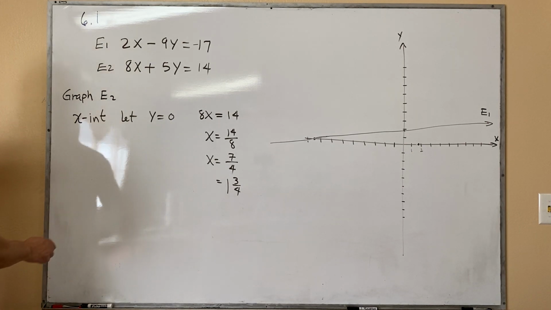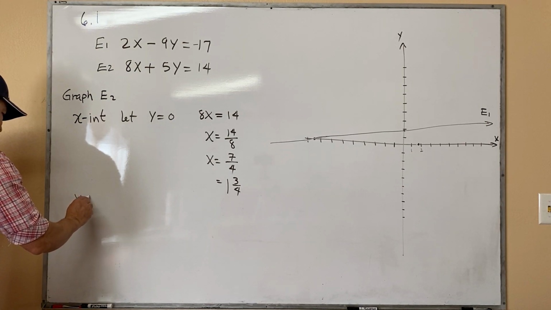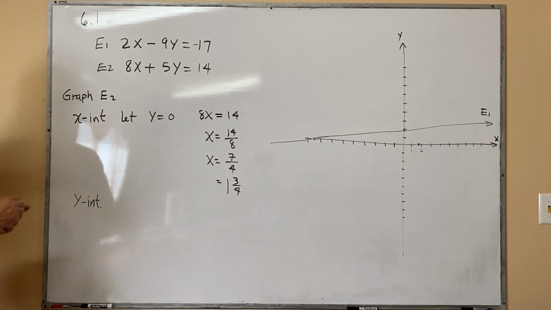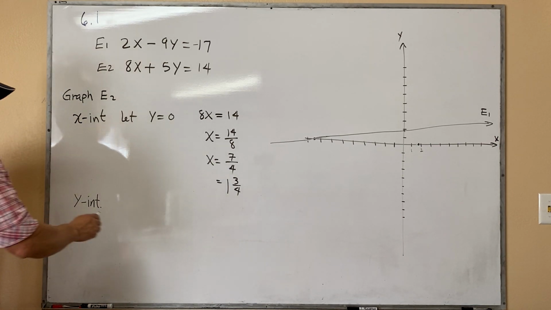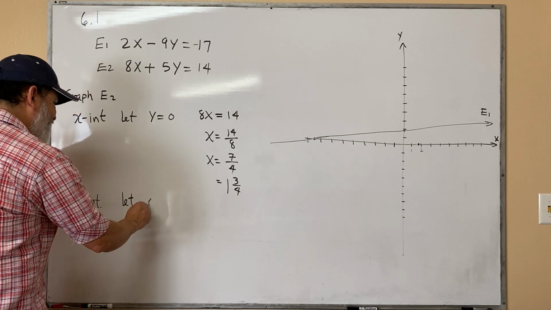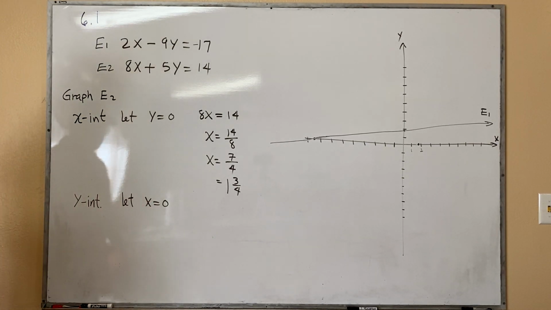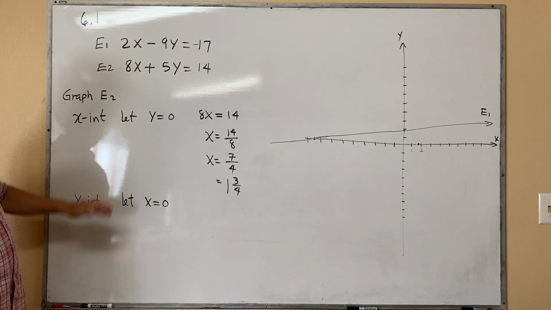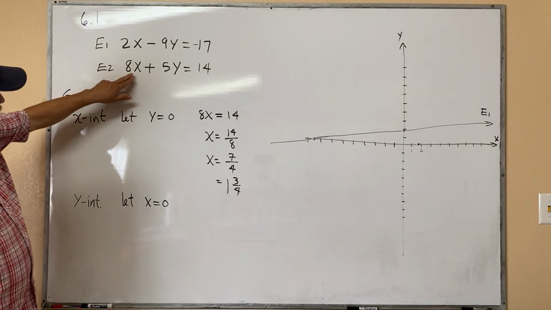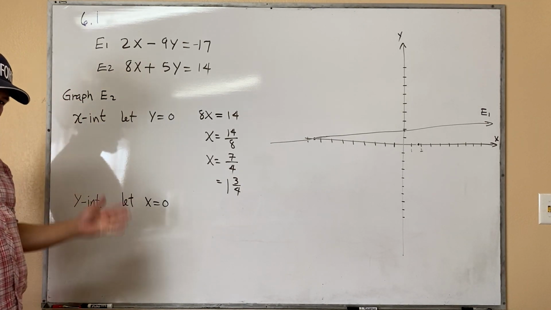Now let's find the y-intercept. To find the y-intercept, let x be 0. Let x equals 0. What's 8 times 0? 0.